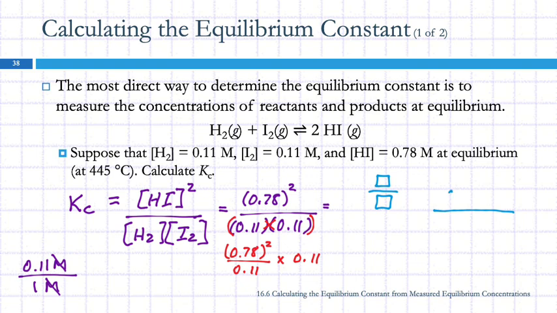So you can type in 0.78 squared, and down here you can put 0.11 times 0.11, and it understands what you mean. No parentheses, no extra thinking. So I just want you to be aware of this issue so that it doesn't mess you up. Choose the method that makes the most sense to you, and let's do the math.